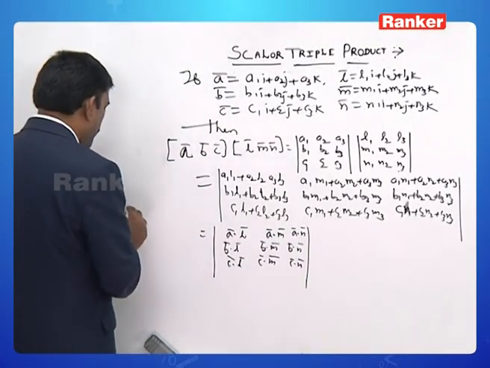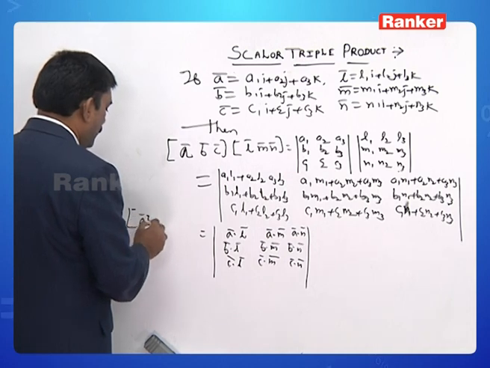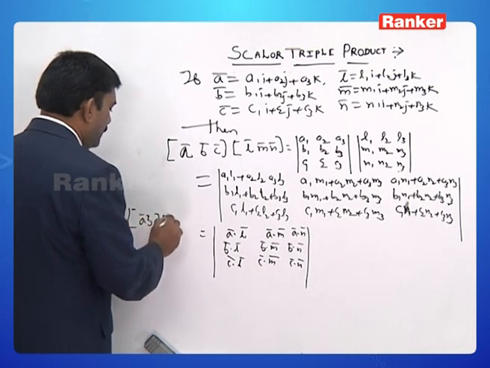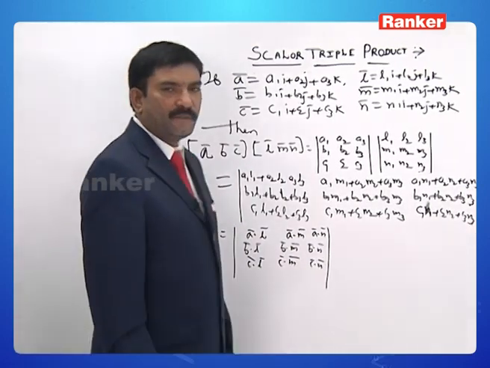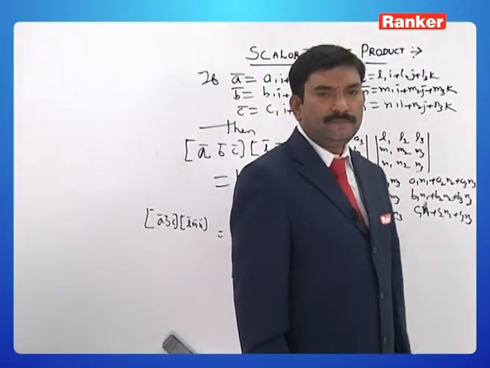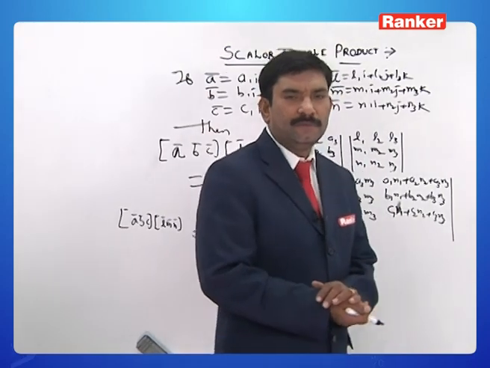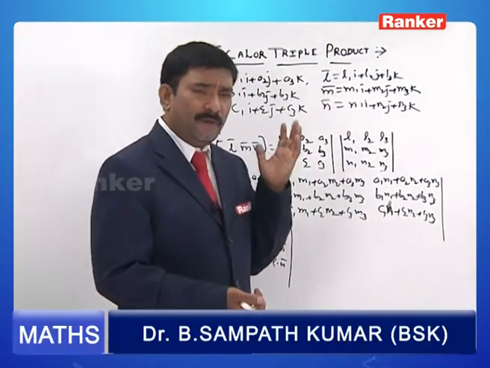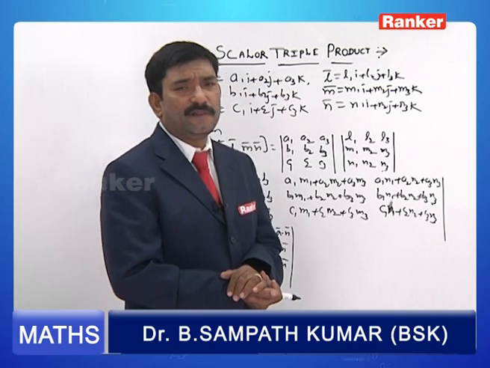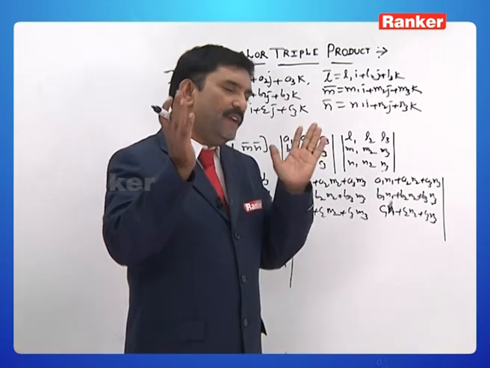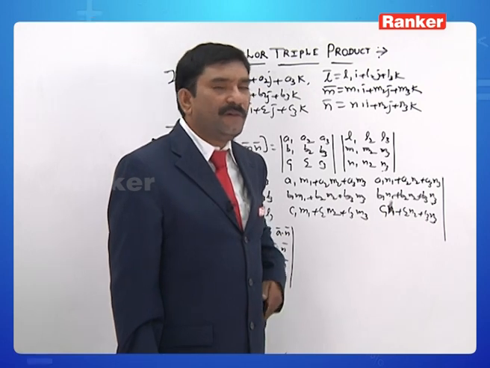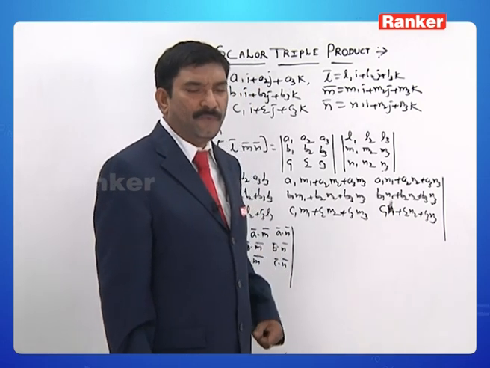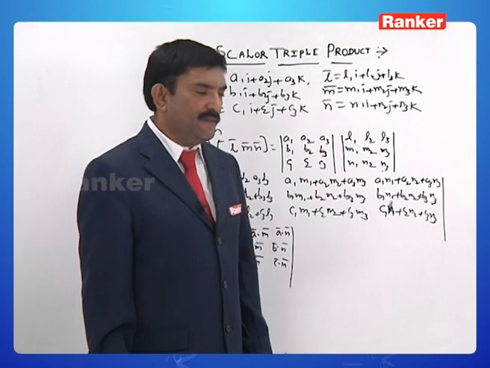So this is nothing but box of A, B, C into box of L bar, M bar, N bar. Followed? On all this, you have many applications in the scalar triple product, such as the volume of a parallelepiped and the volume of a tetrahedron. We shall discuss that in the sequel.